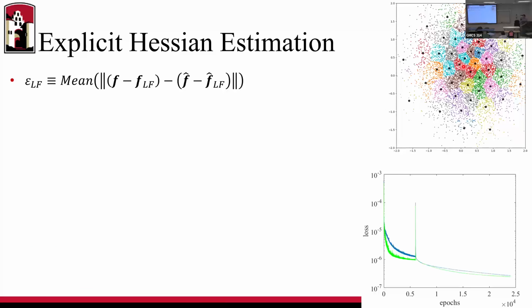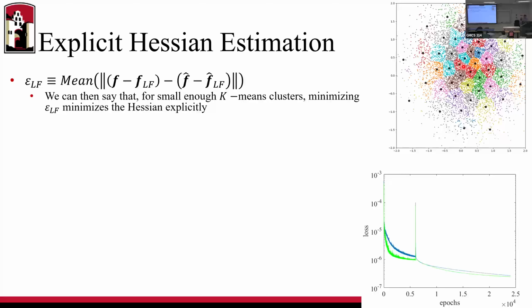So in that sense, we can say that this loss is an explicit Hessian estimation because it disregards any zero and first moment differences between the two functions.